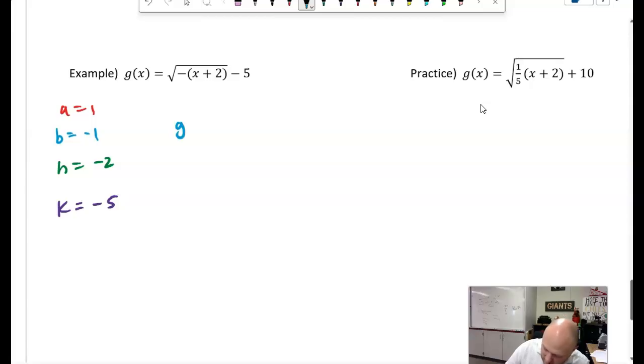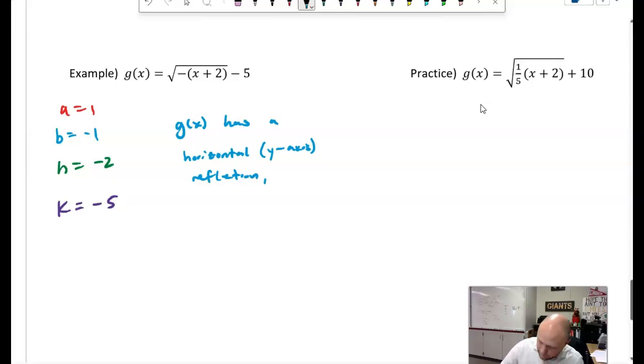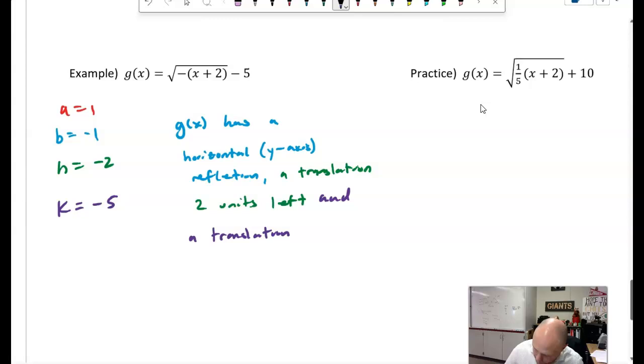So we're going to say here G of X has a horizontal or a y-axis reflection, a translation 2 units left, and a translation 5 units down.